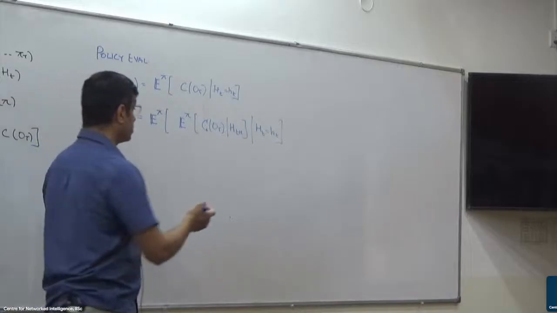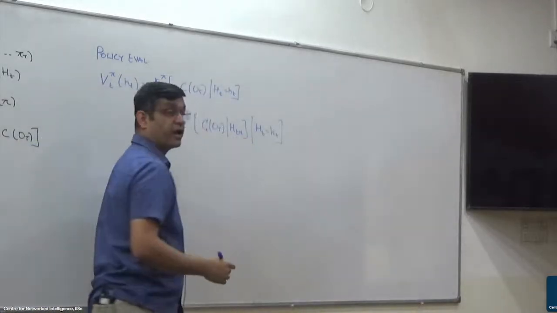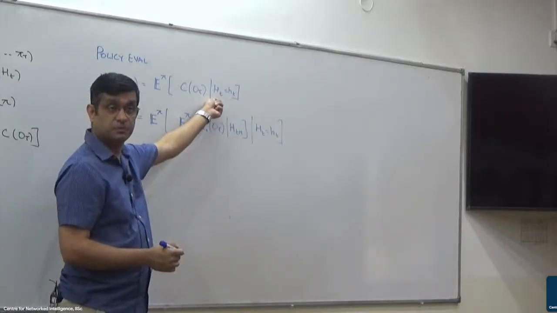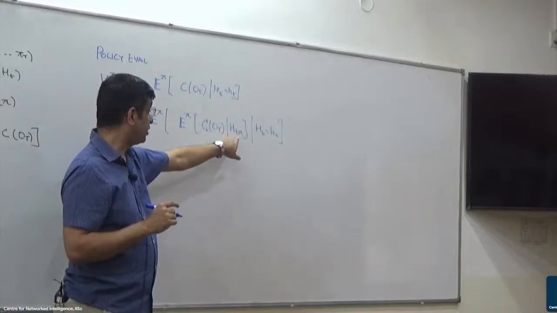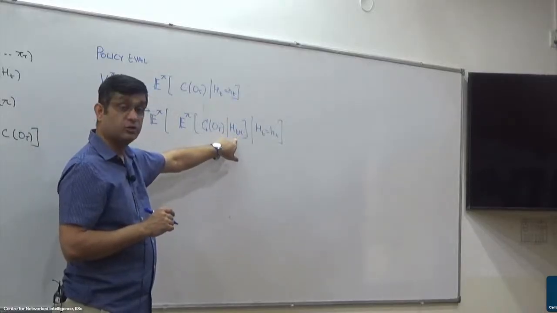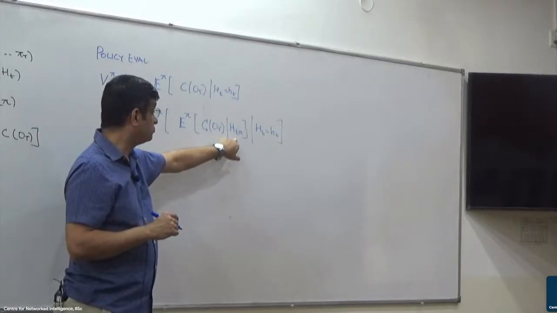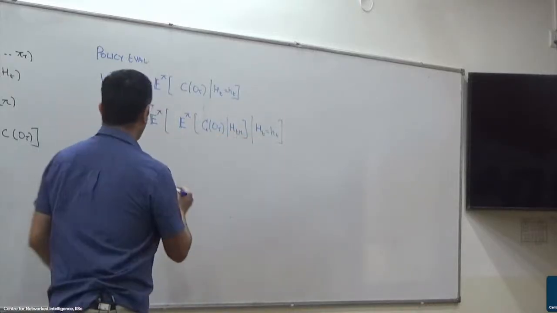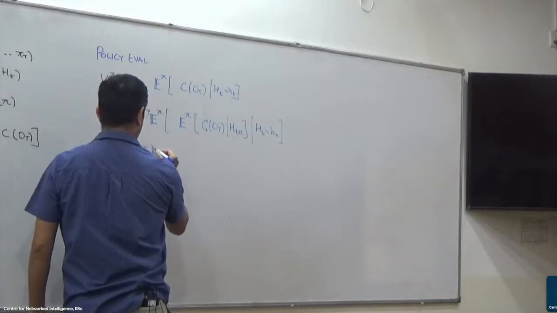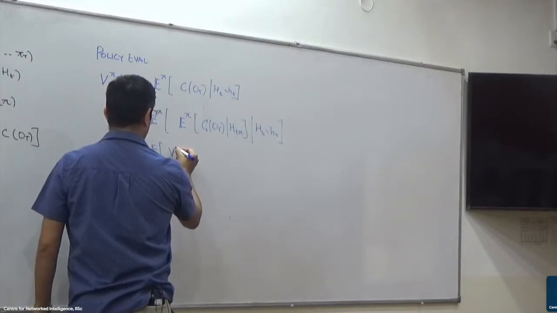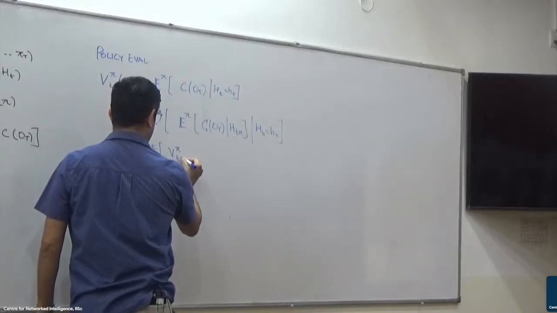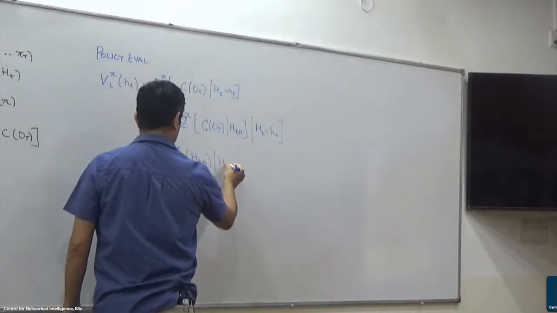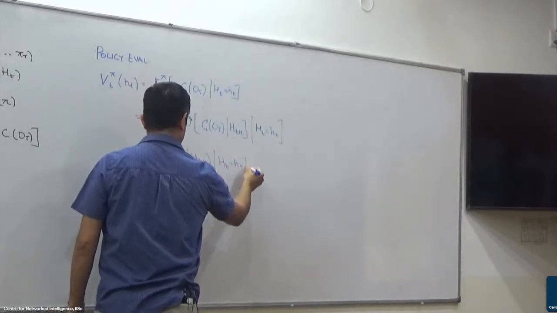I am conditioning on ht plus a bunch of random variables here. So, when I do this nested expectation, I will recover this. I can only do this if the information available to the decision maker at time t+1 was more than the information that was available at time t. Okay. Once I have this, this is really expectation of v pi t+1 of h_{t+1} conditioned on ht equals little ht.